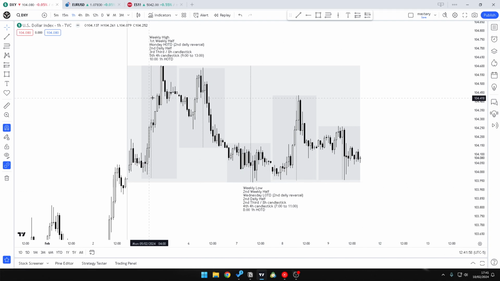And this is basically it, how I can fractalize the time and candlestick and time frames between the eye of the day, eye of the week, and the weekly low. I also do the same thing for the daily candlesticks where I try to fractalize. So this is the daily low.